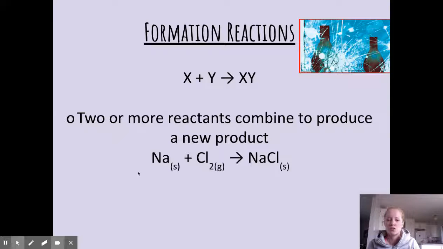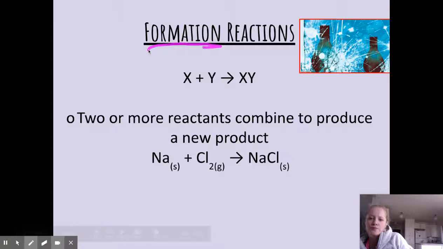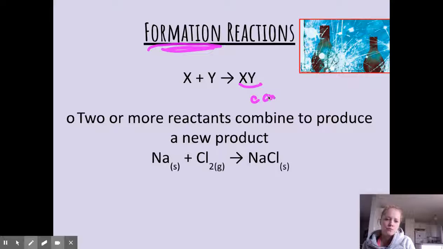To start with, our first type is formation. So this is important. It usually takes on this general format. X is usually an element, Y is an element, and it produces a compound. Basically, 1 plus 1 gives you togetherness.